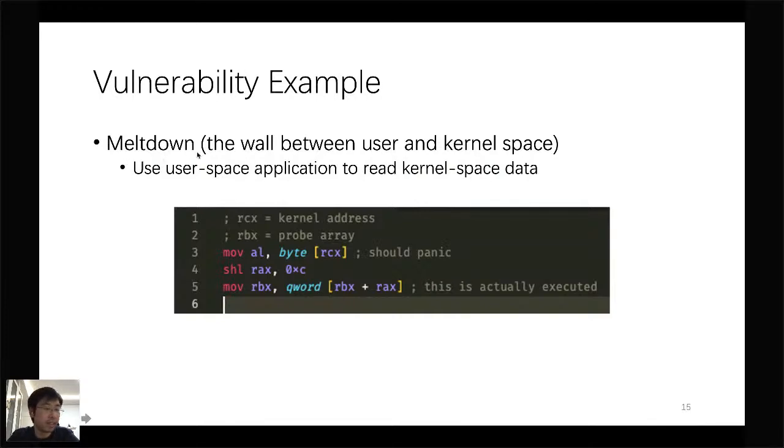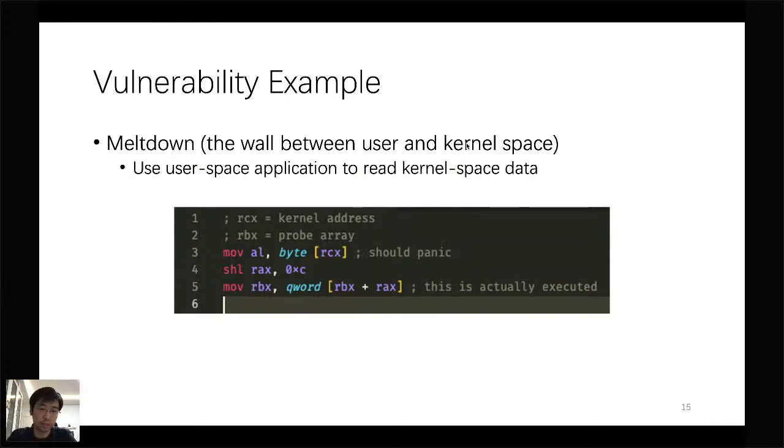Why is Meltdown named Meltdown? Because I think Meltdown just melts down the wall between the user and kernel space. For example, in operating systems like Windows or Ubuntu or other Linux-based distributions, the system can be divided into two spaces: the user space and the kernel space.